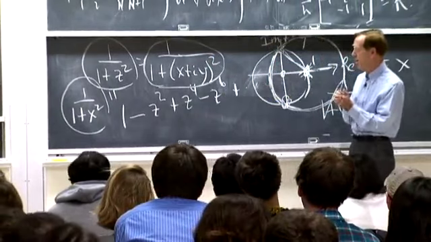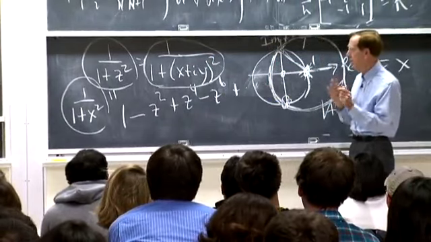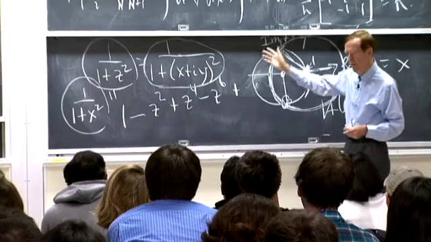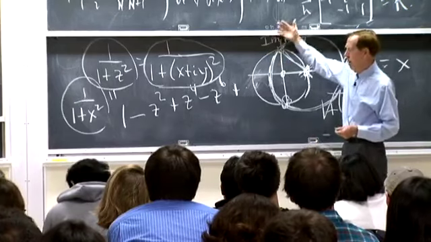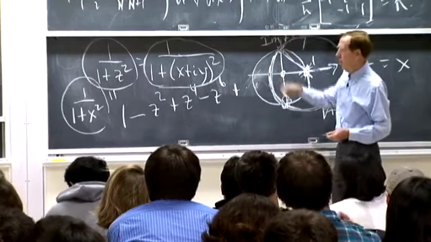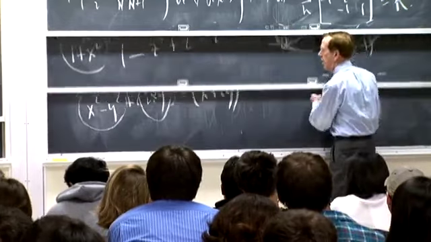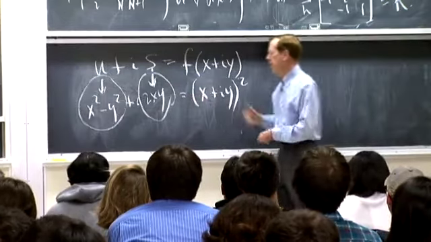It's not impossible, of course. We could completely do it. There'd be some ratio of two polynomials. Here we have just simple polynomials, right?